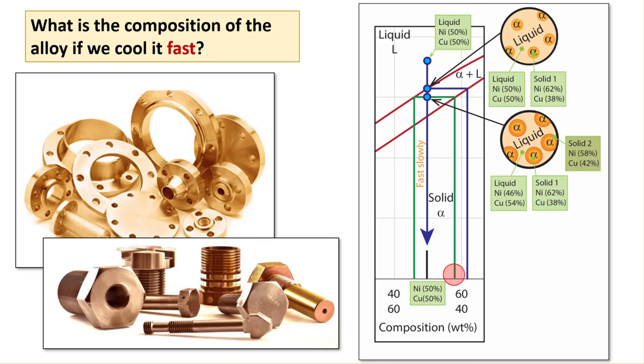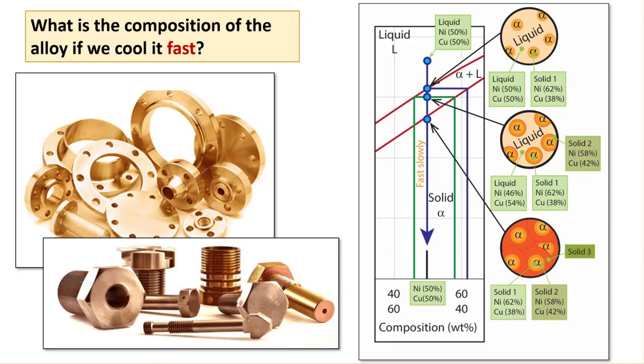Diffusion doesn't have time to balance the solid phase, and we end up with multiple phases. If we cool the alloy to just inside the solid region, our final solid will form. This solid will have a different composition than either solid 1 or solid 2. In the end, you have a multi-phase solid.